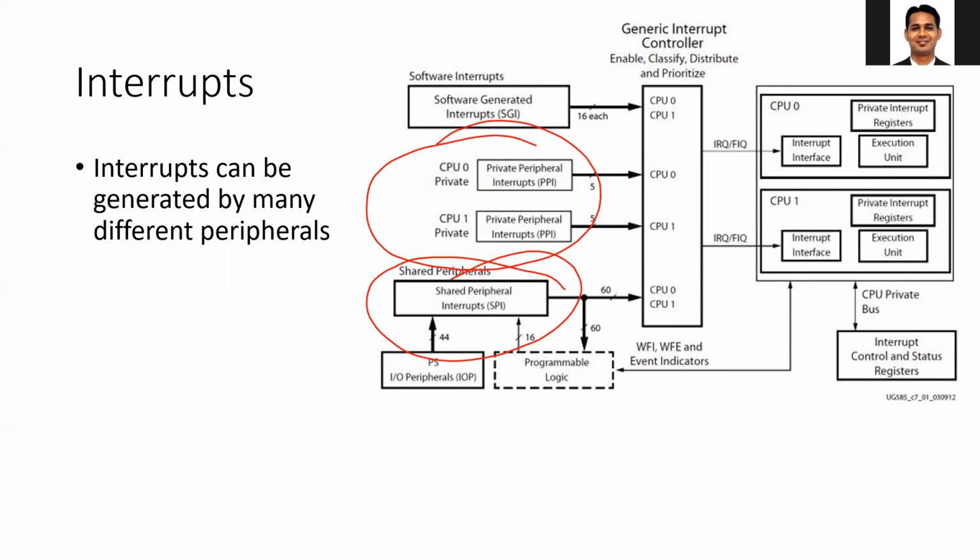These interrupts can come from the global timer, the CPU's private timers, or watchdog timers. Watchdog timers are used to avoid the CPU getting hung on a particular instruction. To bring the CPU out of the hang state, these watchdog timers are used.